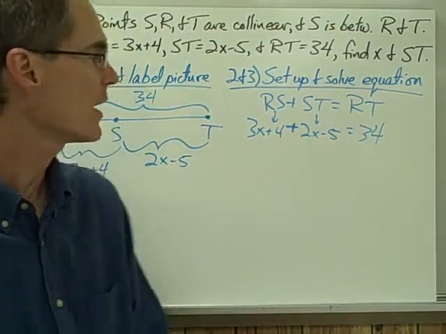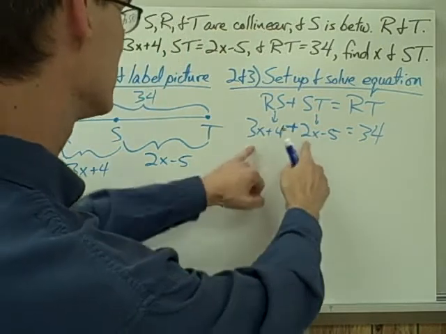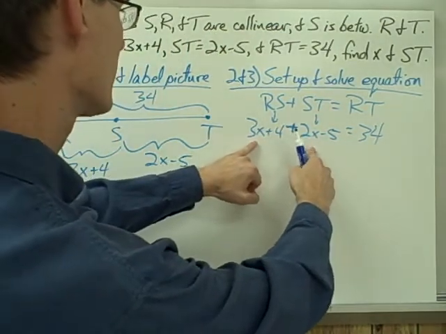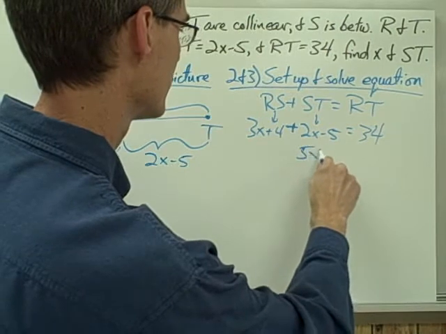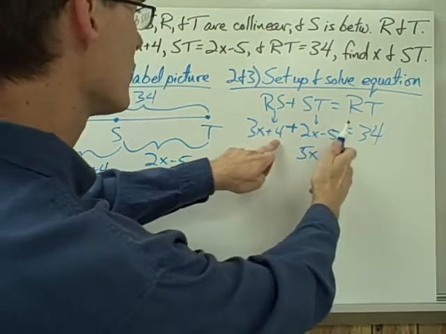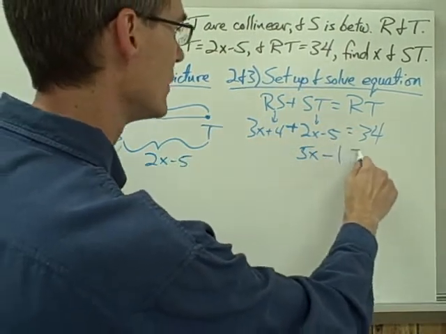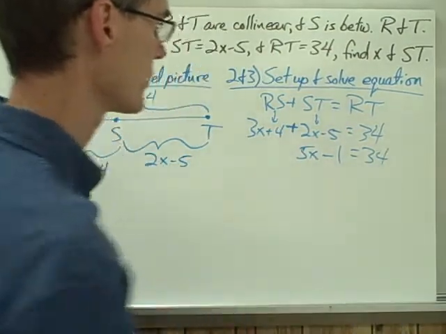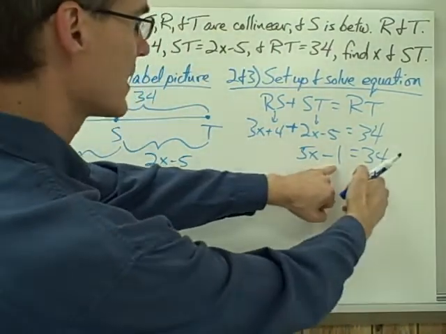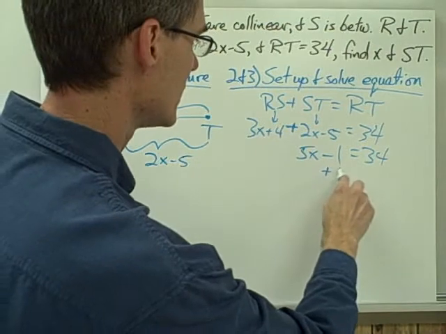Now I just need to solve my equation. So let's see. Collect my like terms. 3x plus 2x is 5x. Positive 4 and negative 5, that gives me negative 1 equals 34. I want to get all my constant terms together, so I'm going to add 1 to each side.